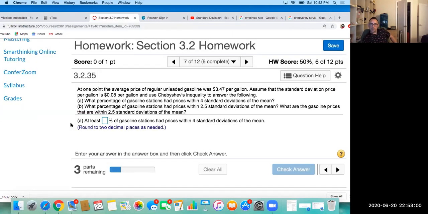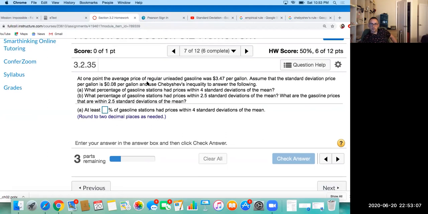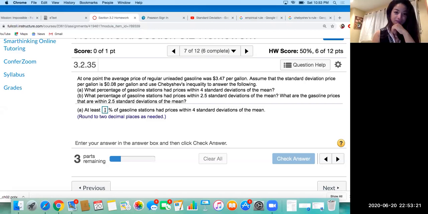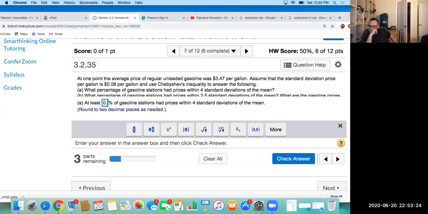Just find the percentage for that. Hey Siri, what's 15 over 16? 15 over 16 is 0.9375. 0.94 to 2 decimals. Or put 94. Actually, it has to be 93.75 or something like that.